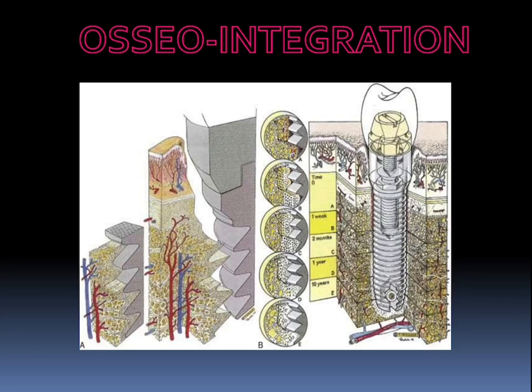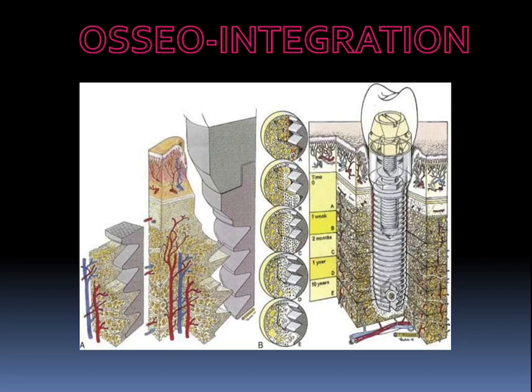By day 4, we see the coagulum is replaced by tissue and fibroblast-like cells are present, also the inflammatory cells are present. When we see the osseointegration by day 7, you can see a provisional matrix is formed and new bone is present. By 2 weeks, you can see intense new bone formation and increased connective tissue near the implants. After 1 month, that is 4 weeks, you can see woven bone which is present and you can see parallel fiber lamellar bone.